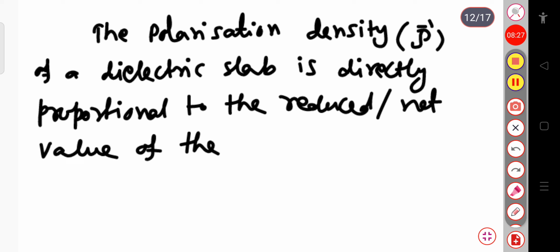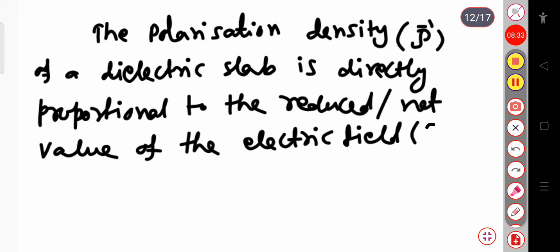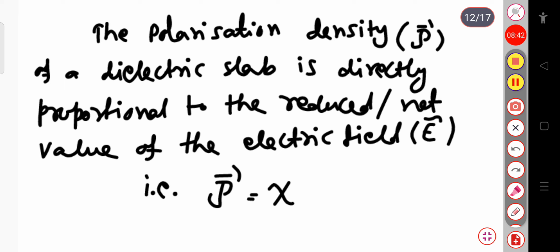So we can write this polarization density P will be equal to susceptibility chi into epsilon into E vector.